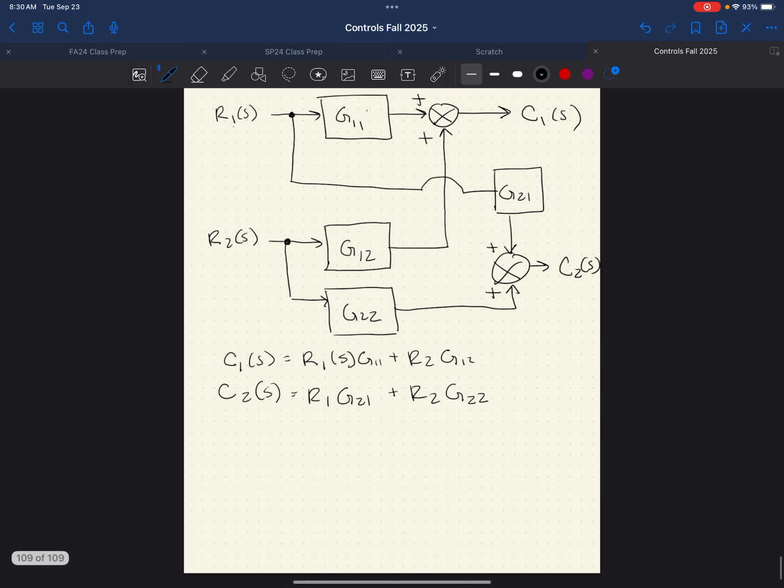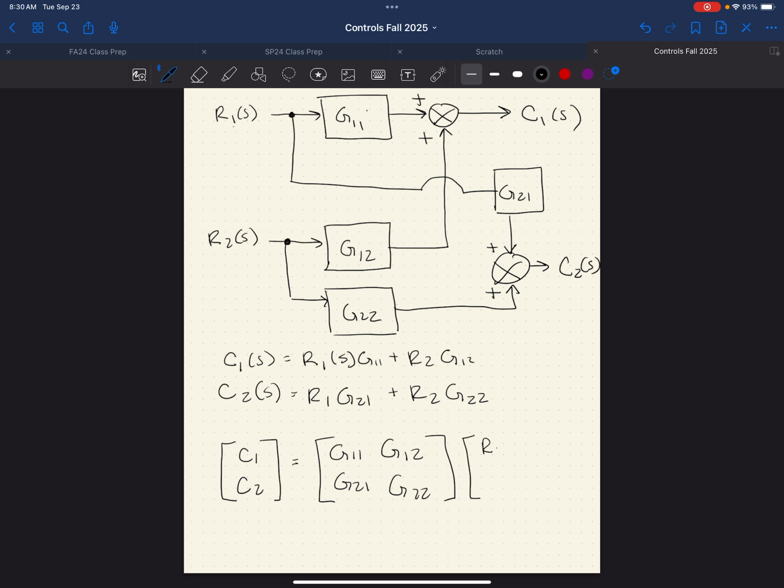And we can write this more neatly in linear algebra form. In fact, we could say that the vector of our control signals is equal to a matrix of transfer functions times a vector of our reference signals.